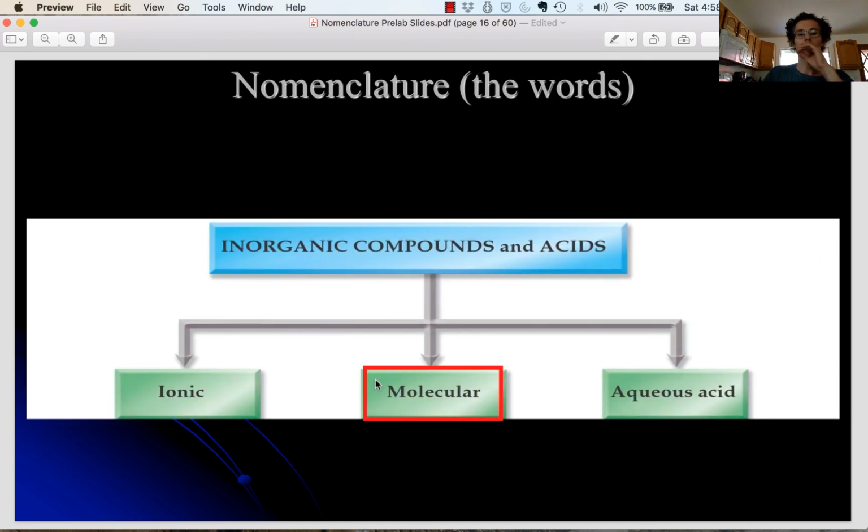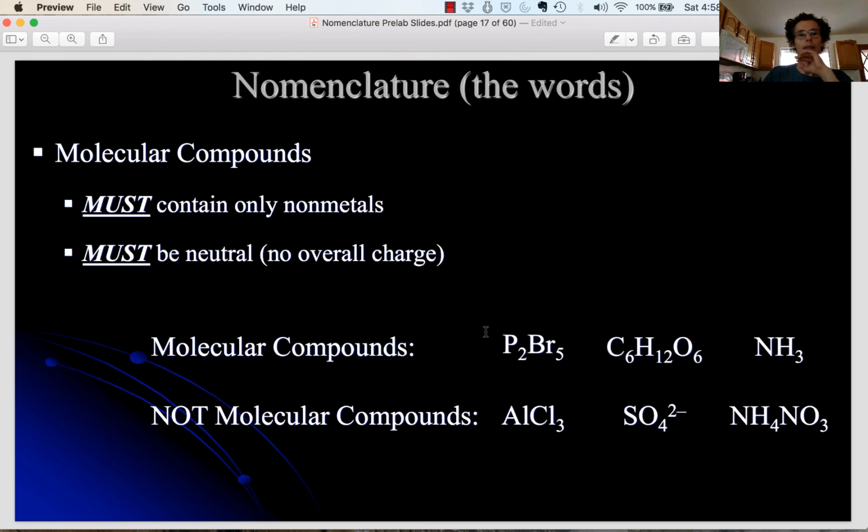The next one is molecular or covalent compounds. These are only going to contain nonmetals. Remember in lecture we talked about how you identify metals from nonmetals in the periodic table? If you have atoms on the right side of the periodic table that are nonmetals and they're bonded together, you're dealing with molecular or covalent compounds.